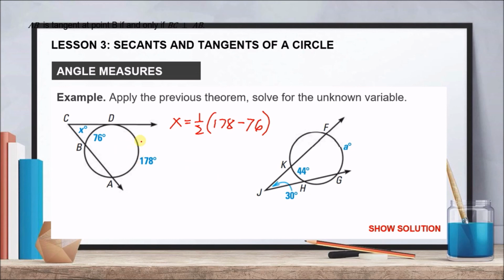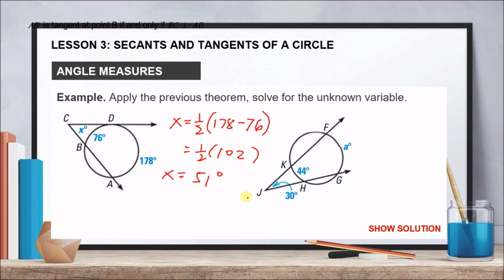Sinusubtract parati natin from the far arc, yung malayong arc which is 178, and then subtract natin sa malapit na arc doon sa unknown na exterior angle. So with that, you will have 1/2, subtract 178 minus 76, you will have 102 and get the half of that. So therefore, the value of our x is 51 degrees.